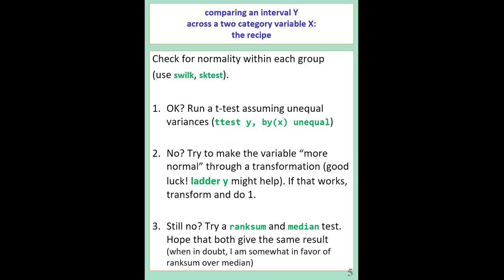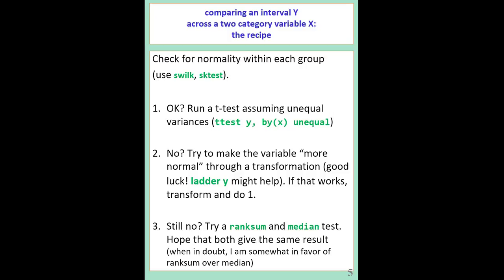For that you can use many commands, but we will use two. One is called SWILK for Shapiro and Wilks, and one is called SK test, where S is for skewness and K is for kurtosis. So this is a skewness and kurtosis test.